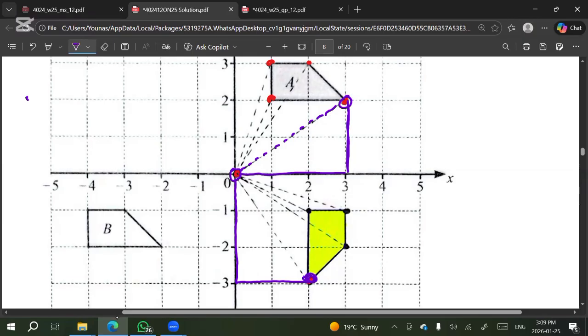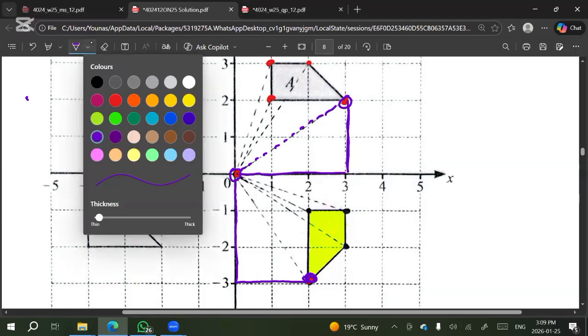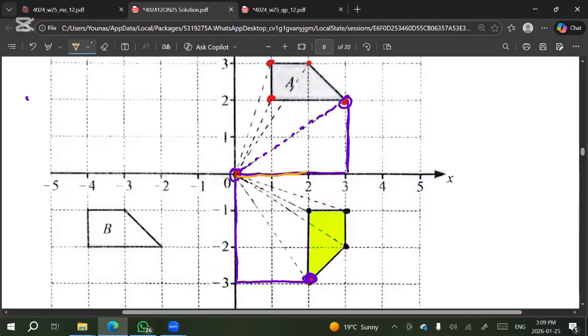Let me show you another one. Let me change the color so you can understand this. Let's use orange. Let's say this point. Now I'm using this point. This is the second method which you can do. You understand this triangle.